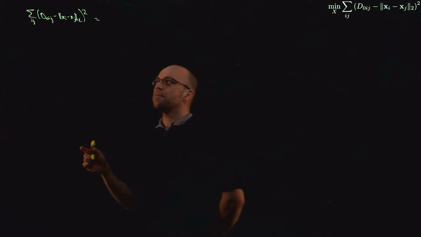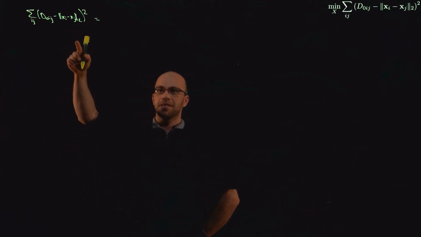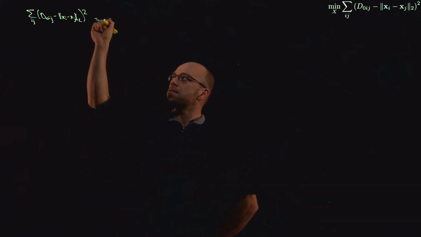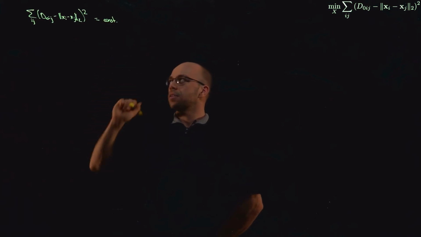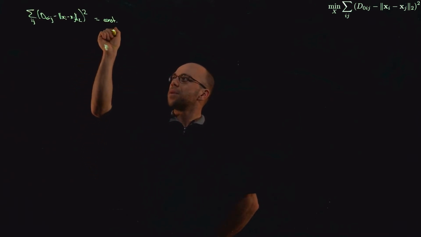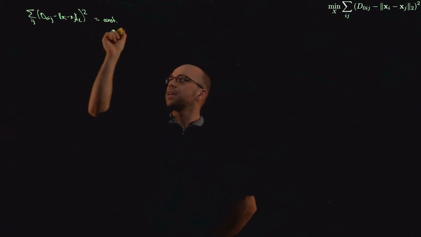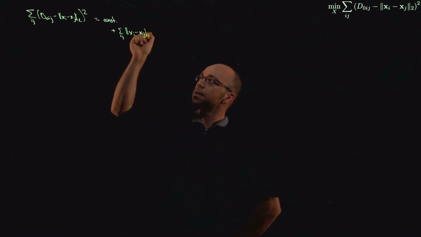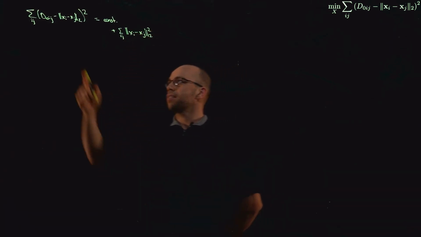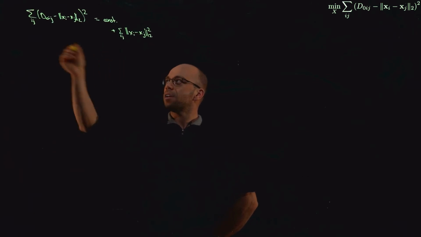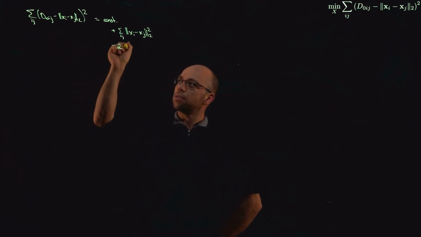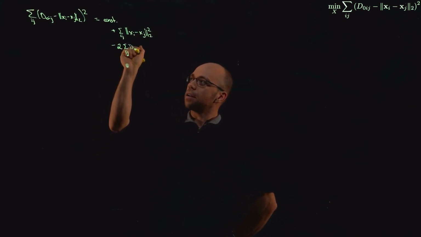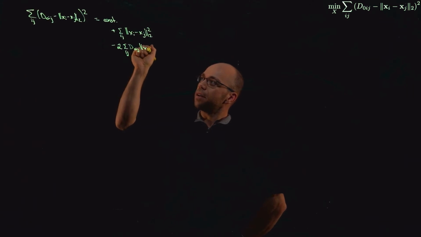Well, remember that our optimization variables here are the x's, so the d naught squared term here doesn't actually affect anything. We can just think of that as some constant. Okay, and then if we look at the other squared term, we'll get the sum over ij of the norm of xi minus xj squared, like that, right? So that's this second term squared. And then we have a cross term. So we have minus 2 times the sum over ij of d naught ij times the norm of xi minus xj.